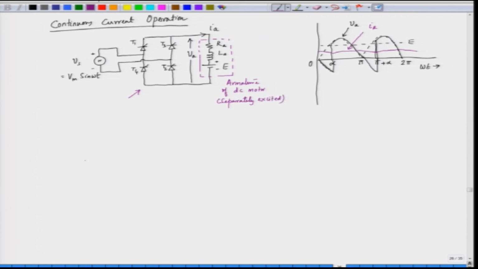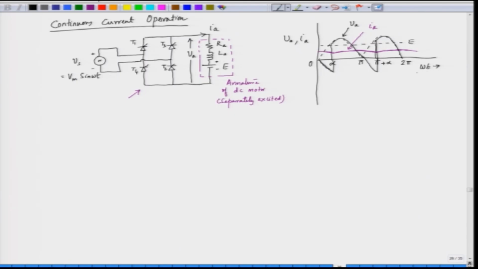The current through the armature is continuous. This is how the current flows in the armature. This is the plot of current and voltage against omega t, a time or angle, omega t is the angle.